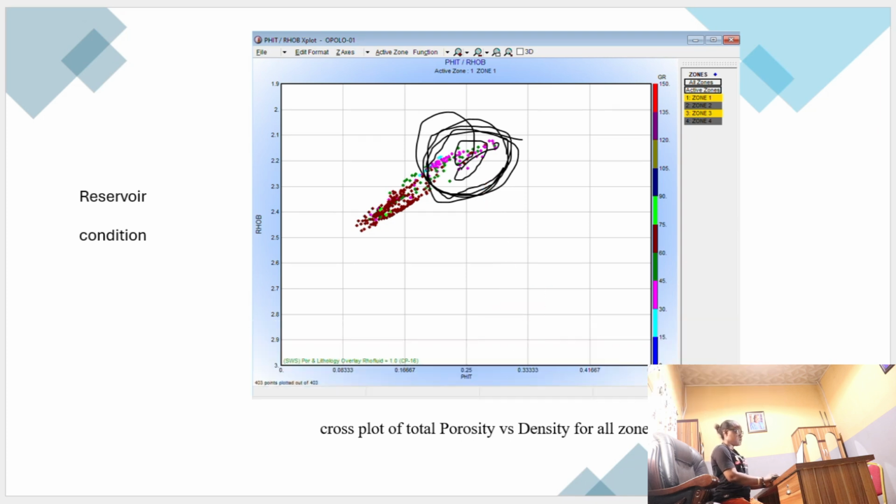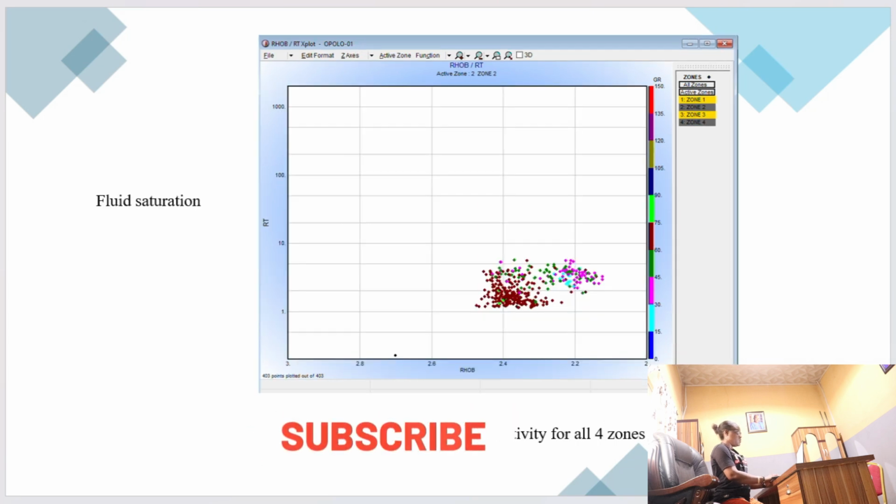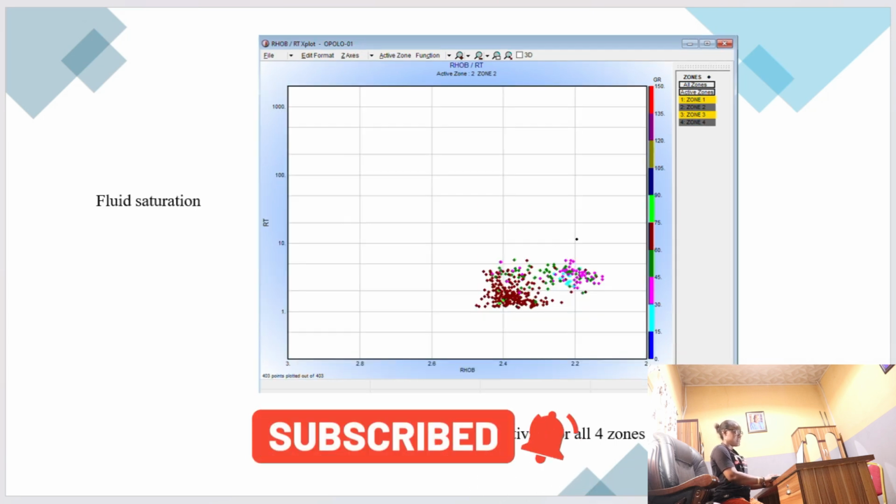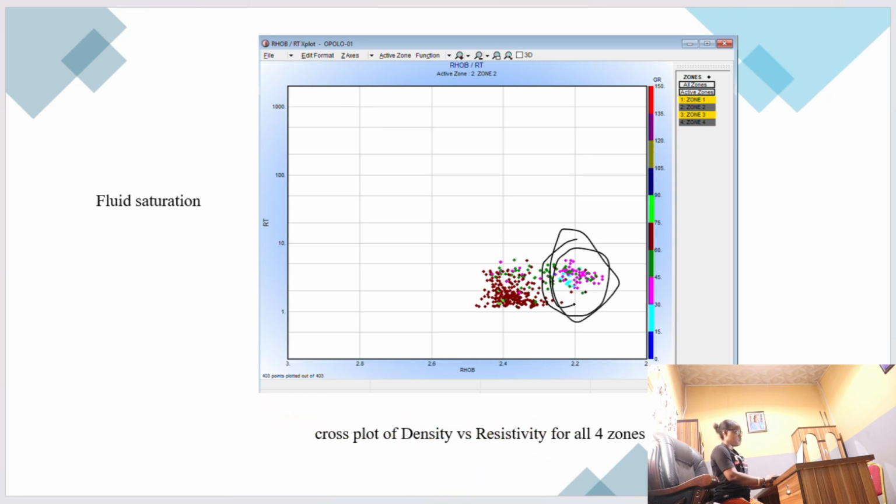So let me go to the last one. Like as I said, this is our zone of interest, zone 1 and zone 3, where the gamma ray is 60 and below. These are zones of interest, and this area falls between low density and high resistivity.